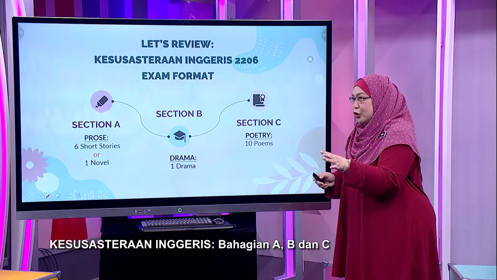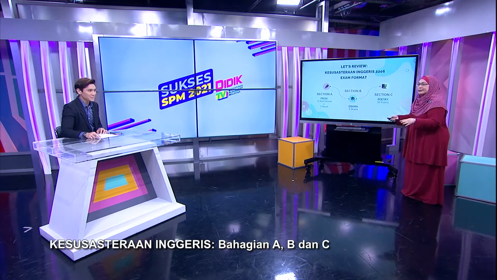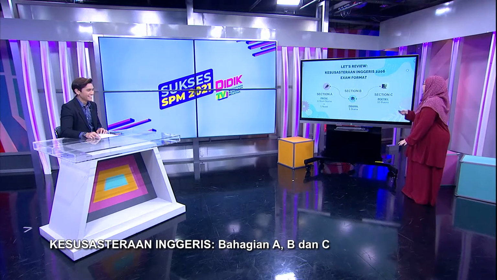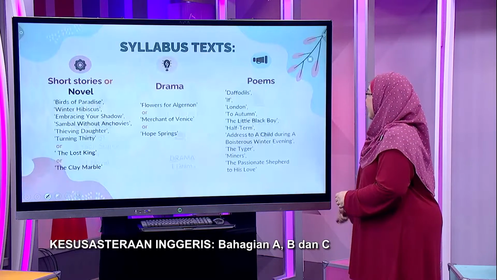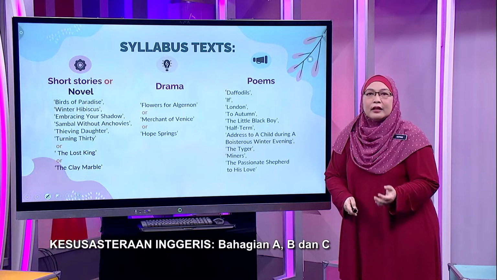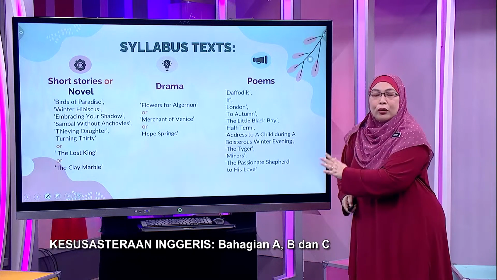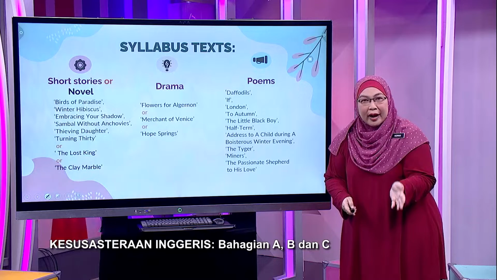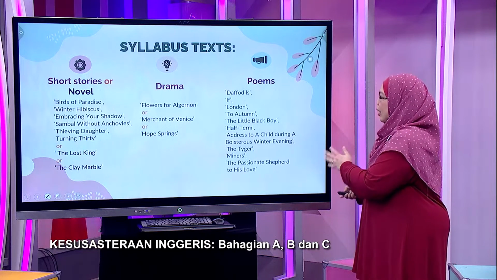Would you do short stories or novel? Wow, I might consider the one novel though, Puan A. Okay. Then after that, in section B, you've got 1 drama to answer. And then in poetry, these are the 10 titles. So that's a quick overview of what candidates will be preparing for their battle on 22nd of March.